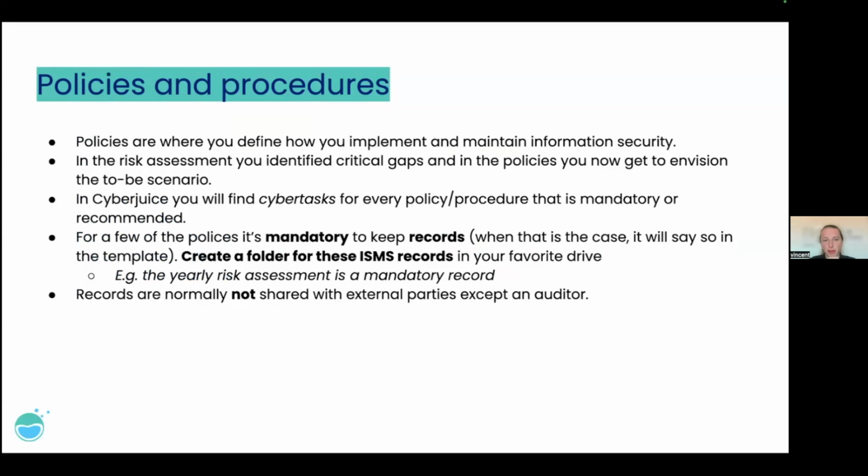Basically, what we do with policies is they're going to define how we are going to implement and maintain information security. So we just did the risk assessment. Even if you didn't complete it fully, let's assume that you did most of it. From that point, you identify, hey, what are my gaps? Where do I have specific risks?